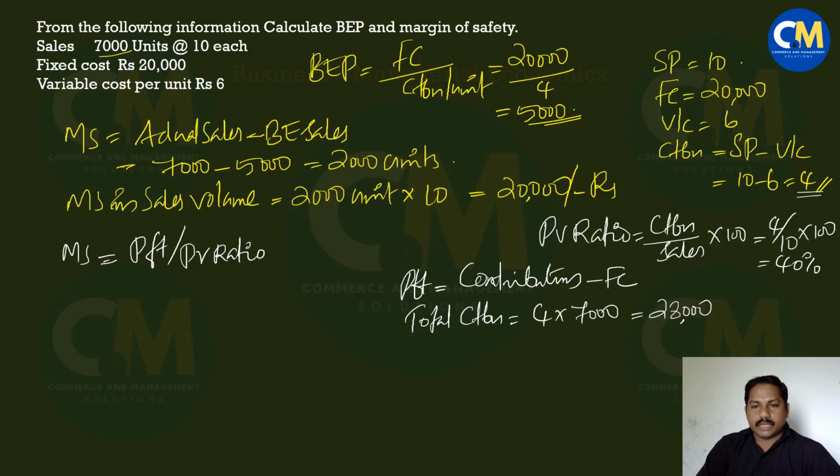From this we can subtract the fixed cost. Fixed cost is given in the question, that is 20,000.